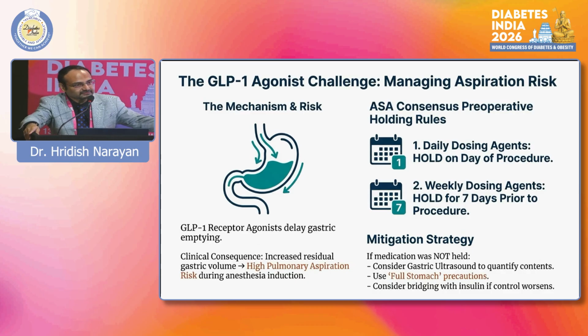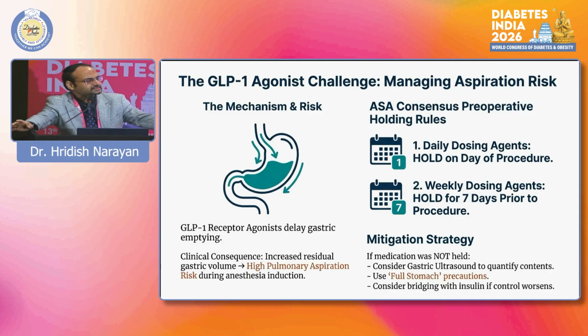Some guidelines I have read said at least 1 month prior in big operations because there is a stasis or carryover effect. Usually food takes 4 to 6 hours to pass the pylorus, but in these circumstances it may be 6 to 7 hours, even 10 hours. So the patient who has taken a meal last evening can bother you the next afternoon if the patient is on a GLP-1.